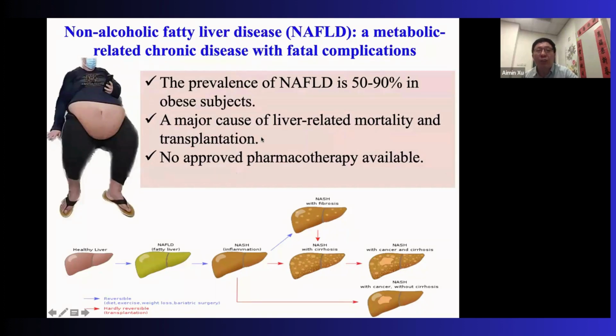The disease includes a wide histological spectrum ranging from simple fatty liver to NASH or MASH, characterized by inflammation, hepatic ballooning, and steatosis. Once we get to the NASH or MASH stage, it can further progress to fibrotic NASH, cirrhosis, or even liver cancer.